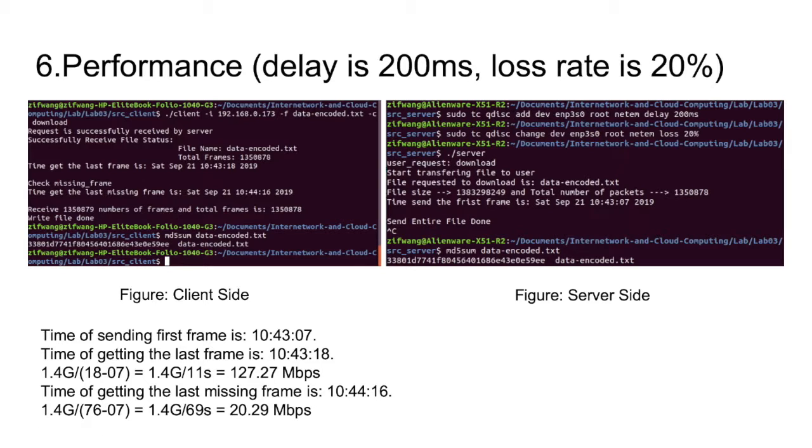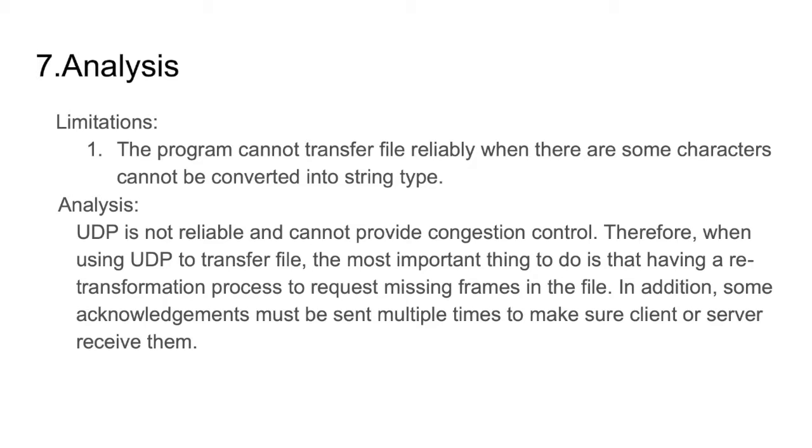So in this situation, we can see that we lost a lot of packets, so we have to resend again and again. So that makes the total rate go down a lot. We get 20.29 Mbps in this situation.